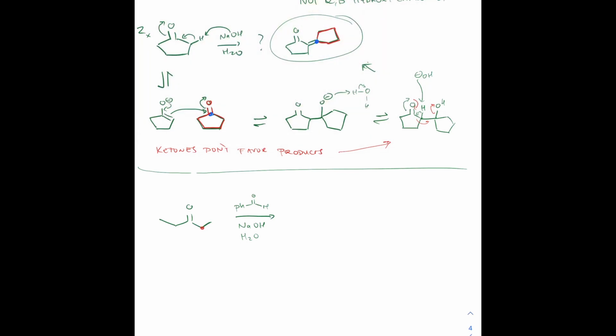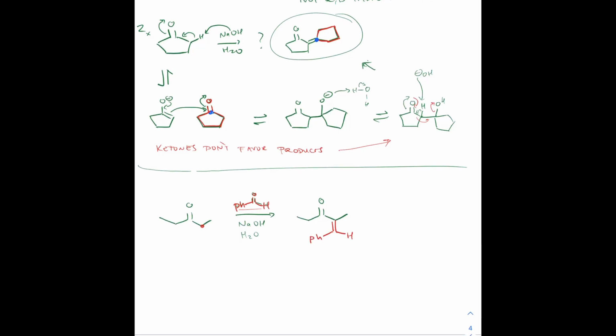Let's take a look at this new ketone combined with benzaldehyde. That's what the Ph and the carbonyl are, with sodium hydroxide and water. So the benzaldehyde, note, does not have any alpha hydrogens, so that is not going to form an enolate.